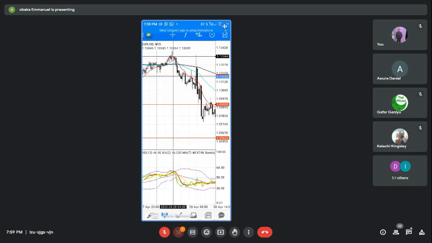This high, had it been this candle, this liquidity zone was not taken before, I would not have sold. But since it has taken the liquidity zone before, we will sell it. We will sell it here.